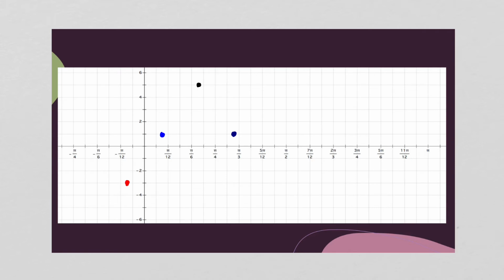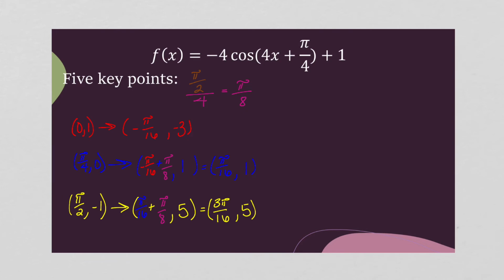So the y value is 1. And what was the x value? Well, we've got to add another pi over 8. 3 pi over 16 plus pi over 8 is 5 pi over 16.